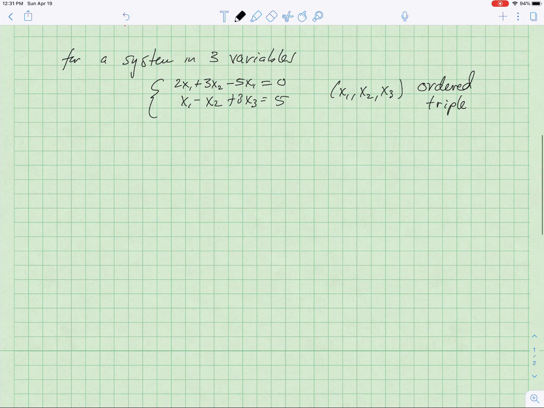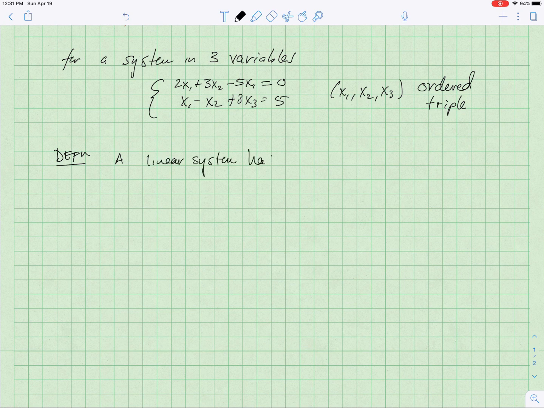How many solutions are possible? Let's talk about another definition. A linear system has what's called a solution set.